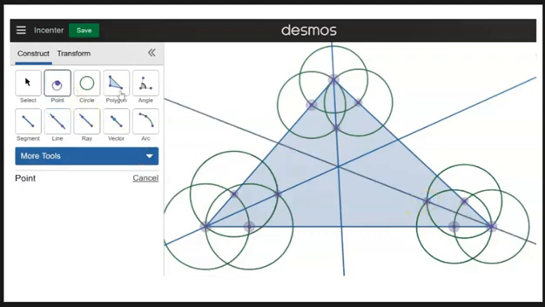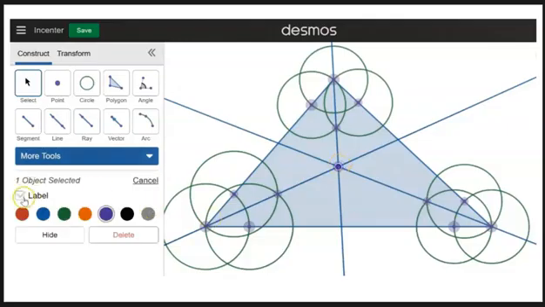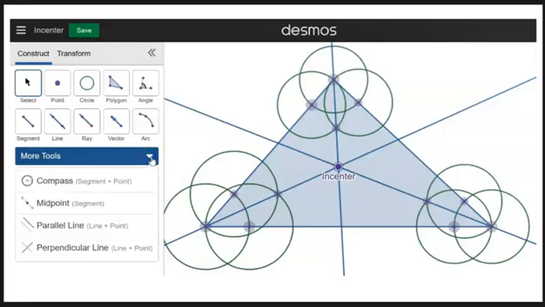After constructing the three angle bisectors, I find the point where they intersect, which is the incenter. The incenter is the center of a circle inscribed inside of the triangle.